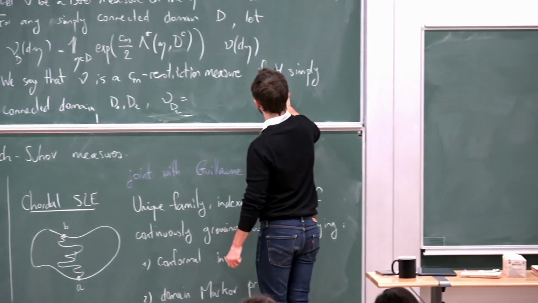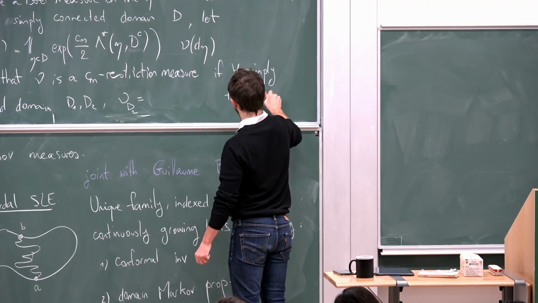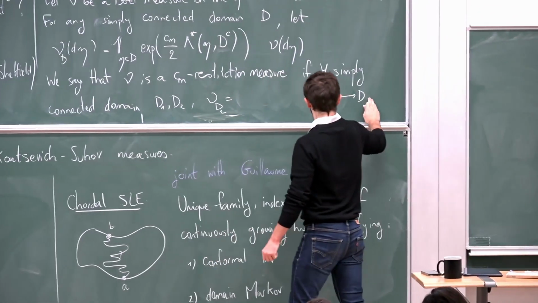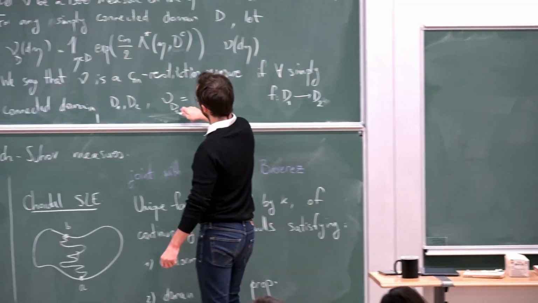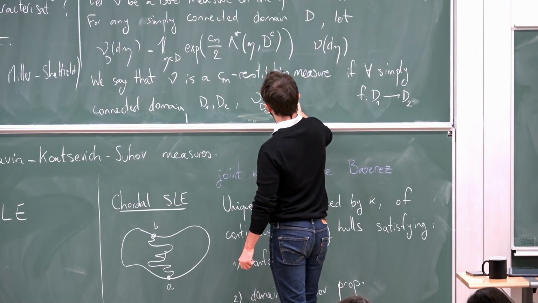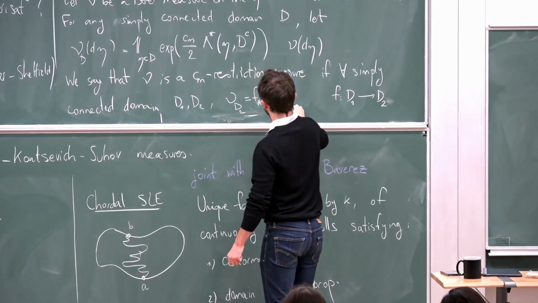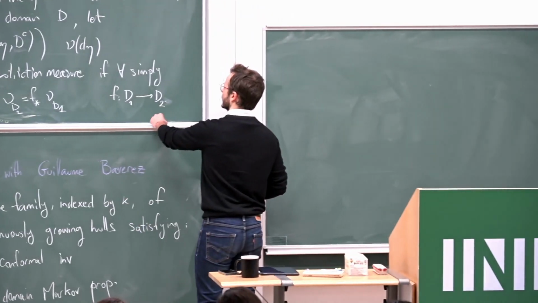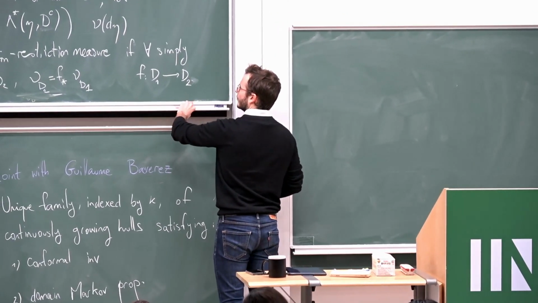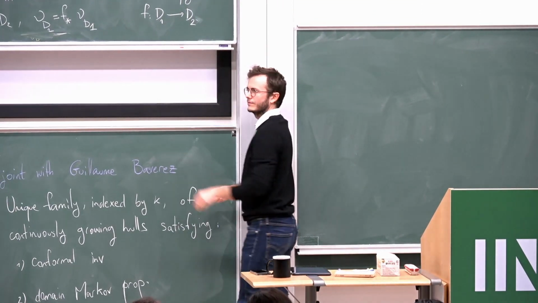So F will be a conformal map from D1 to D2, and so nu_D2 is the push forward by F of nu_D1.